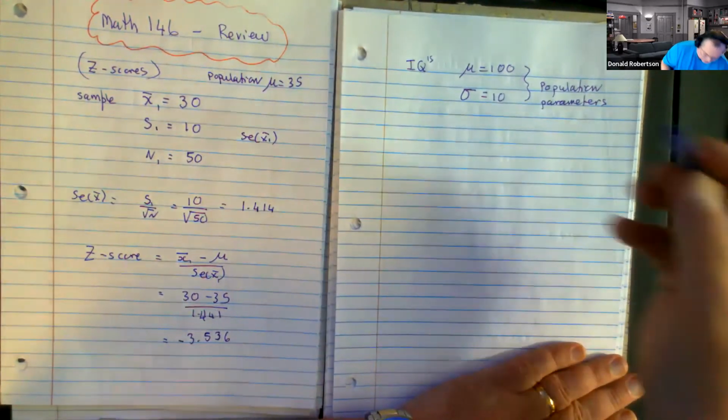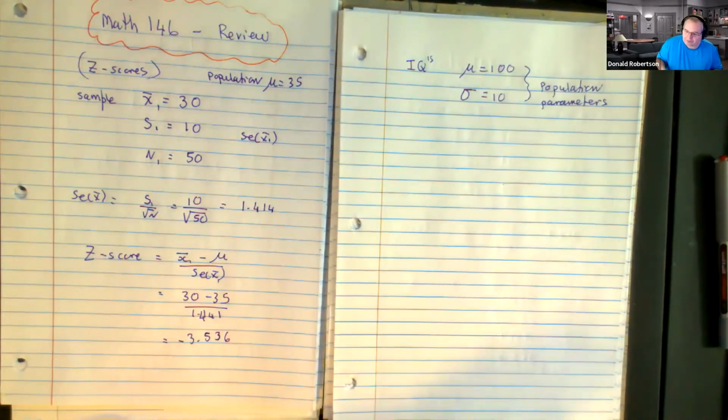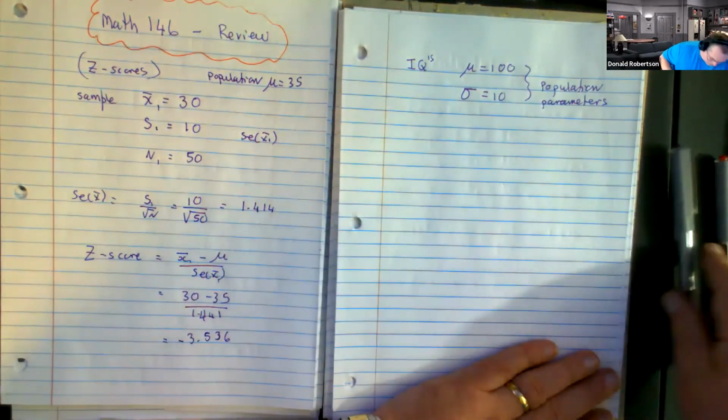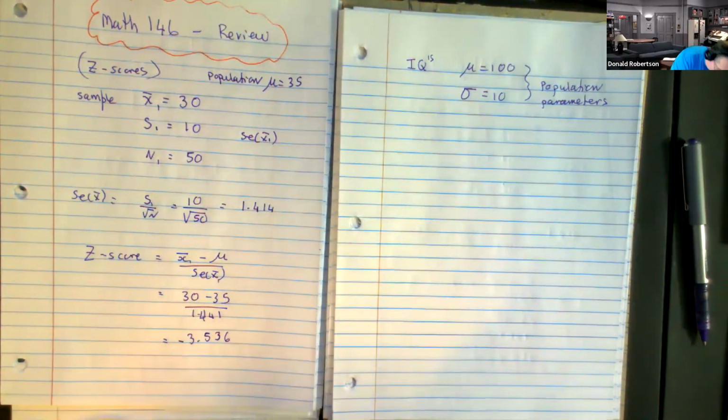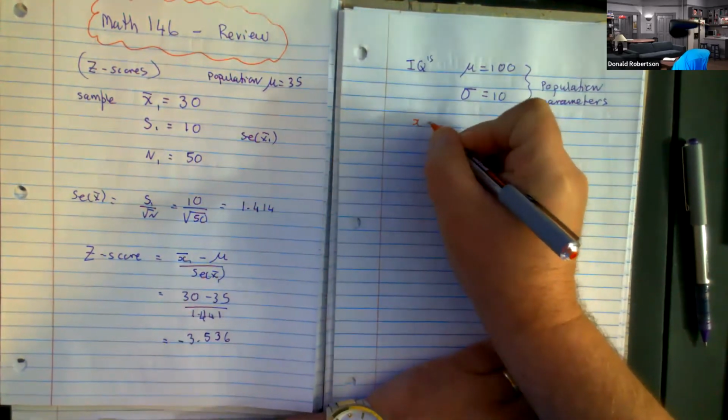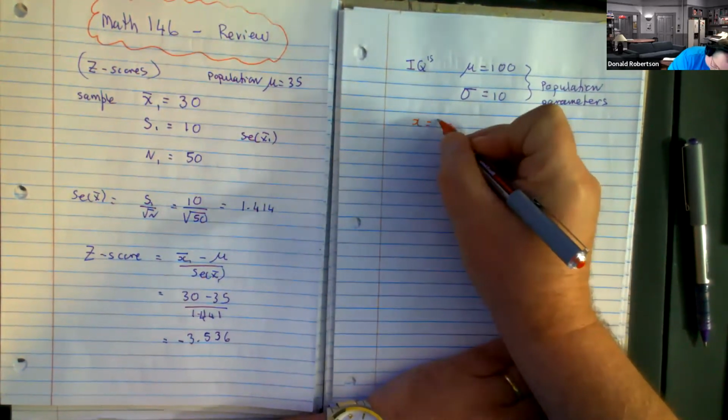So a population parameter is a number from the entire population, right? So we've done a census and we got it, right? There is no wiggle room, right? And one person takes an IQ test, and they get 132.